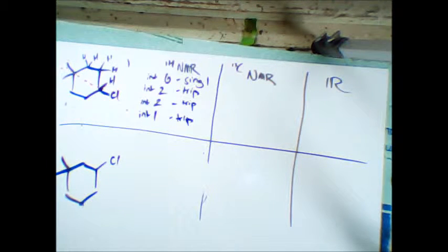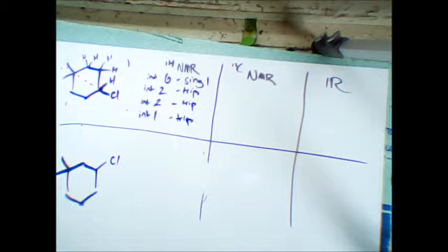What's going to make them different or the same is going to come down to how fast this chair is interconverting between its 2 chair conformations. Because if it's not interconverting at all, you're going to see one of these methyl groups show up as permanently axial and the other one show up as permanently equatorial. If it's rapidly flipping between the 2 chairs, they're going to equalize and show up as about the same. So you can write that down if you want.